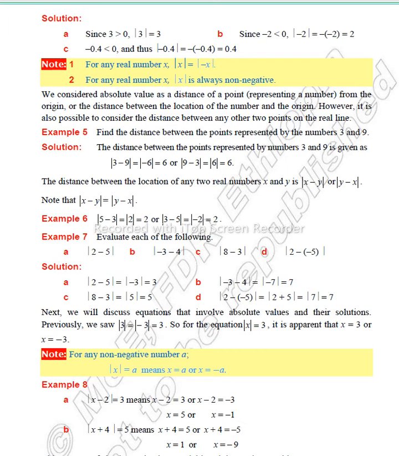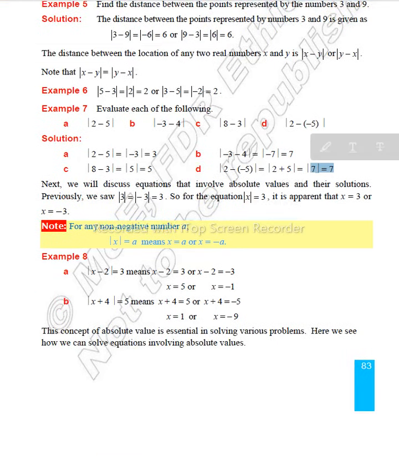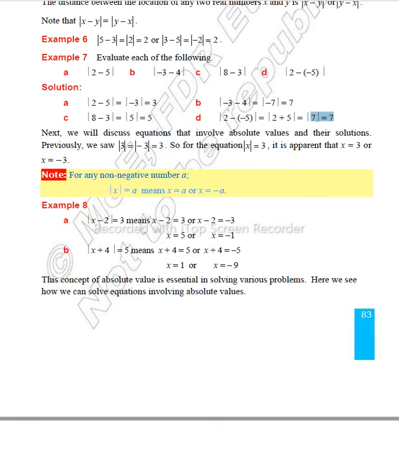Again, we have 8 minus 3: the absolute value of 8 minus 3 is the absolute value of 5, which is equal to 5. Again, here we have the absolute value of 2 minus negative 5, which is equal to the absolute value of 7, which is 7. This is a very simple question.